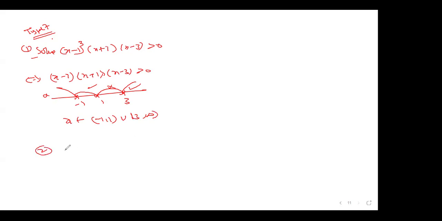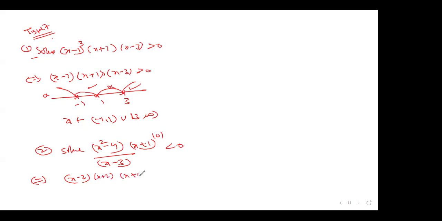Another example I'll do. Suppose I say solve x square minus 4 divided by x minus 3 and here x plus 1 whole to the power of 101 less than 0. What to do? Need not worry. Write x minus 2 into x plus 2.